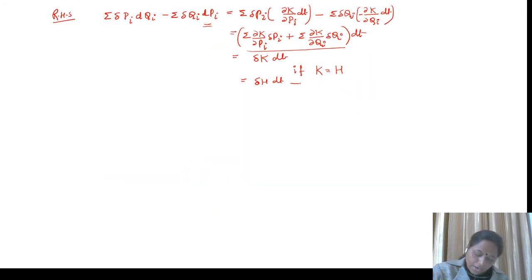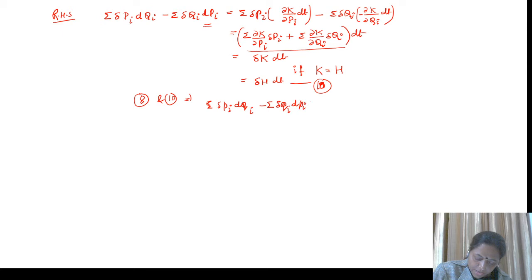From 8 and 10, 8 and 10 implies that summation delta pi dqi minus summation delta qi dpi is the same for the capital letters, that means for the new coordinates.